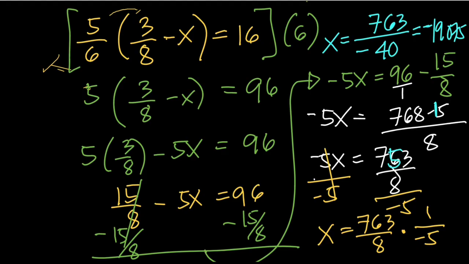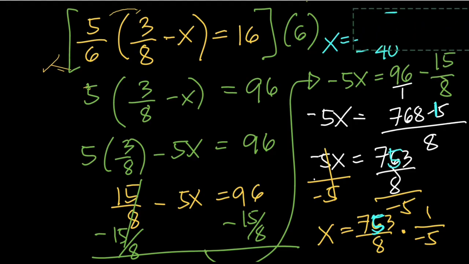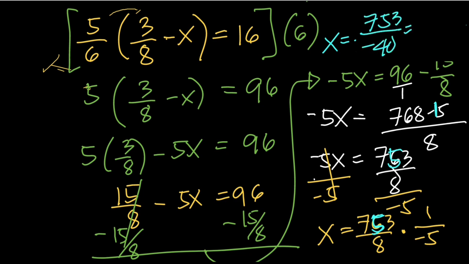We get rid of 5, so this is 753. Let me change that. I'll show you how to subtract fractions after. 753 over negative 40.